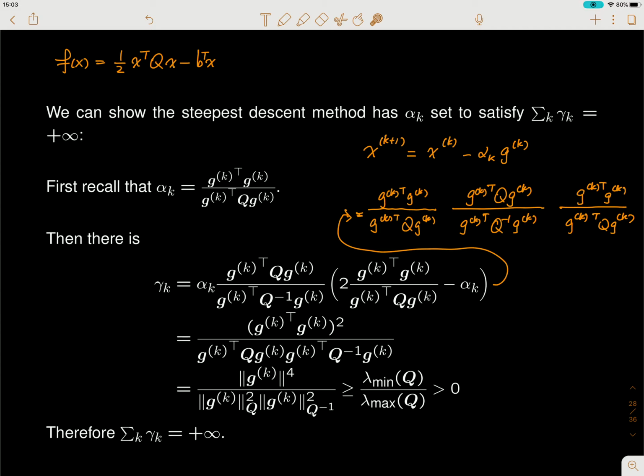So that's why when we keep reducing, this is essentially I minus alpha Q squared times xk minus 1 minus x star. And you can just keep doing that, then eventually we reach this.